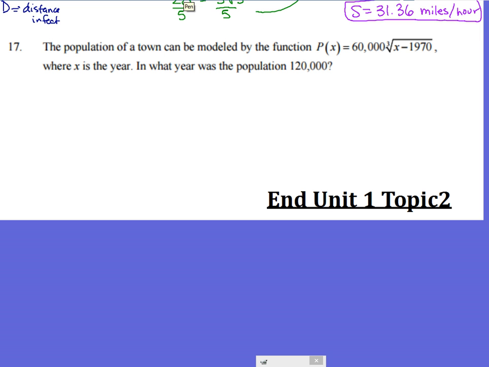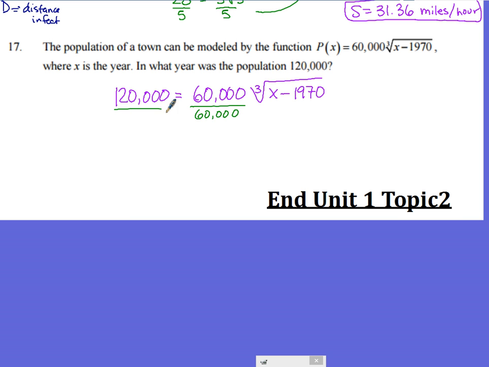It says the population of a town can be modeled by that, where x is in years. In what year was the population 120,000? So we want to plug that in for p of x. So 120,000 equals 60,000 times the cube root of x minus 1970. To unfold this, we're going to first divide by 60,000.